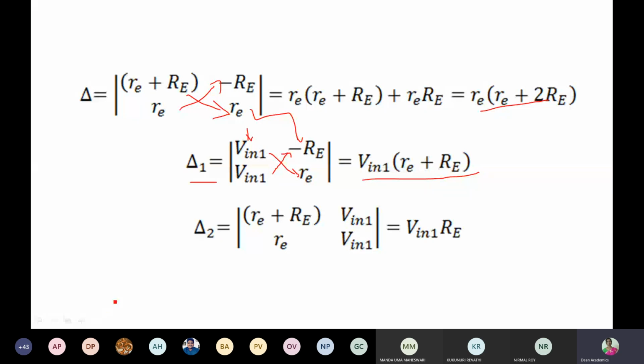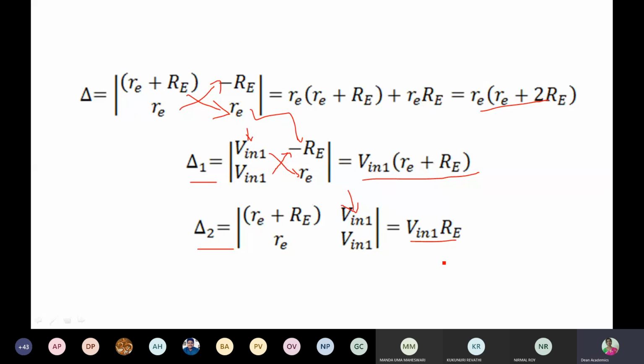For delta 2, the second column is replaced by the constant terms on the right side of the equation, the first column as it is in delta, and you expand this, you will get V in 1 RE.